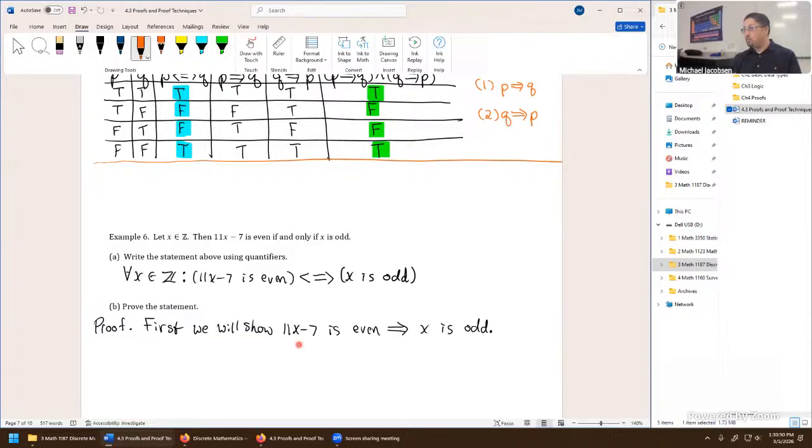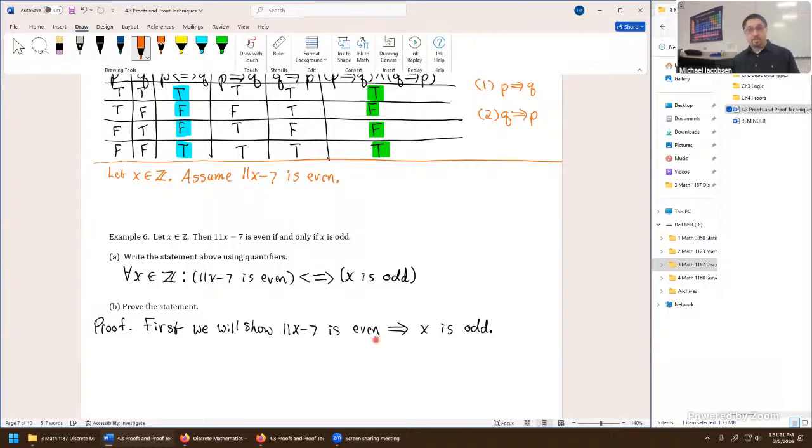So let's say we begin by saying, let x be an integer in Z. So now we have declared what that variable is. It's been quantified. It's any arbitrary integer. And if we're going to do this as a direct proof, just as it reads on paper, we would probably make this assumption. Assume 11x minus 7 is even.